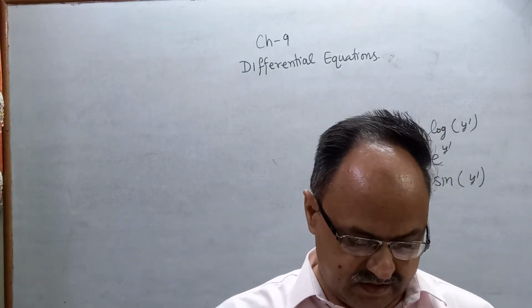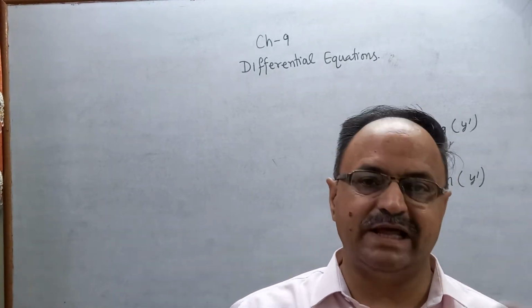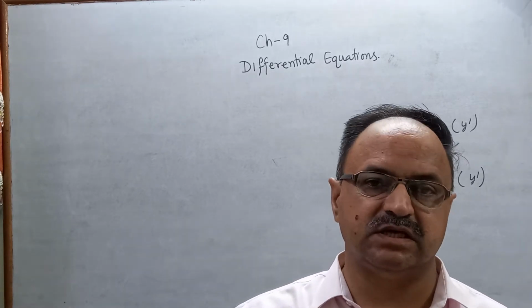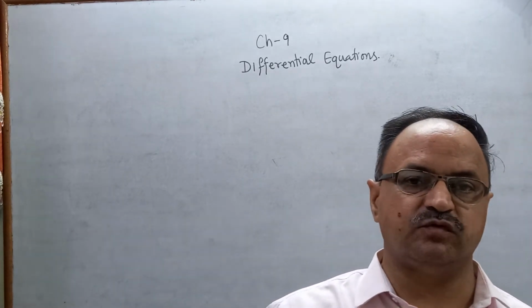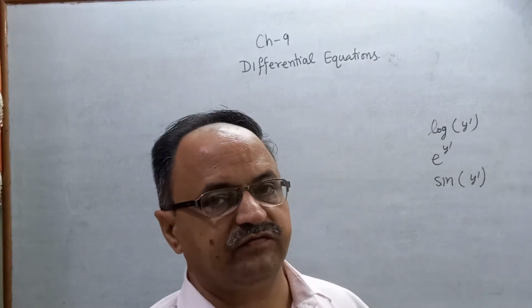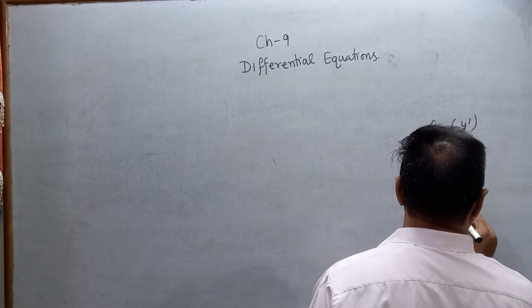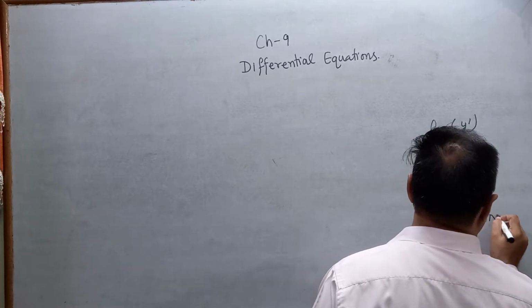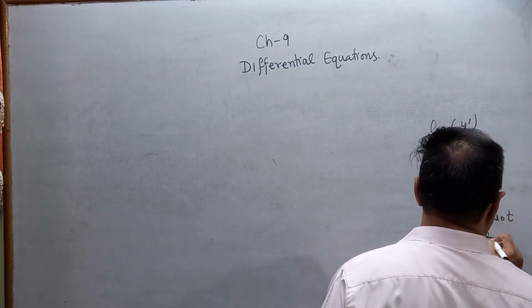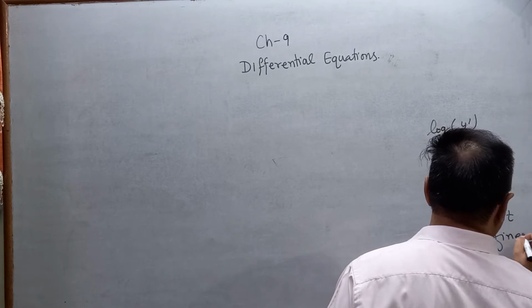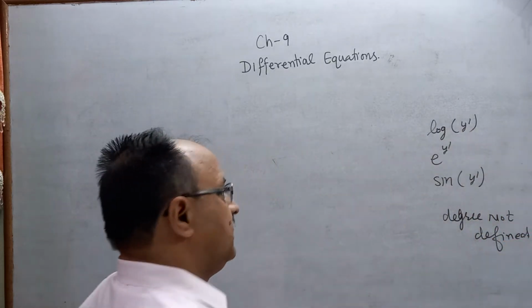Clear? Log y dash, y double dash, y triple dash, then the degree is not defined. In this type of case you can say degree not defined. Clear?